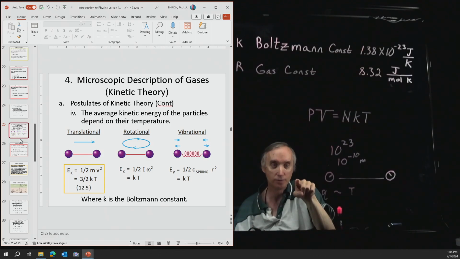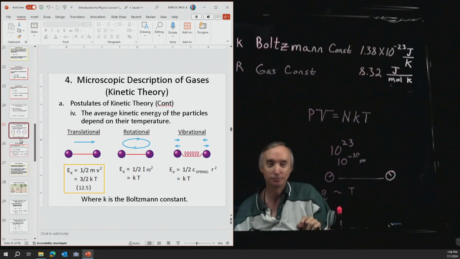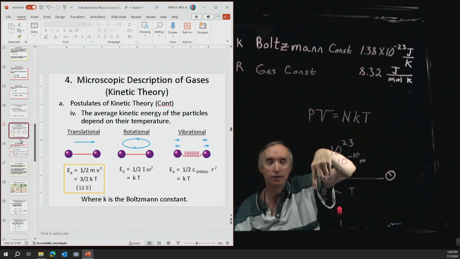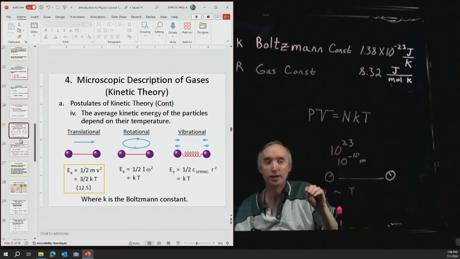So that's that W-looking thing. Now it's not a W, it's a Greek letter, omega, and so the kinetic energy of something when it's rotating around and around is 1/2 I omega squared, and then that energy is going to be equal to just kT, not 3/2, but just ordinary kT.